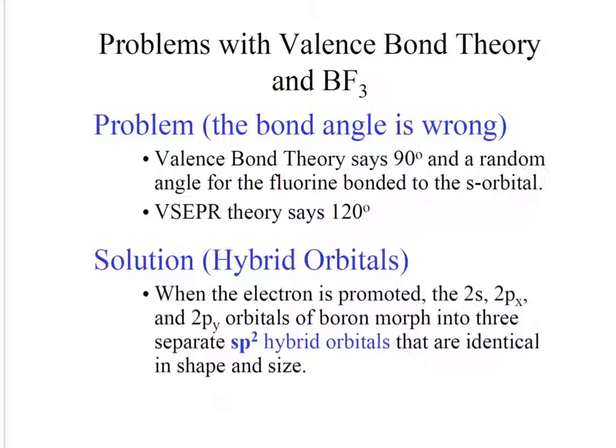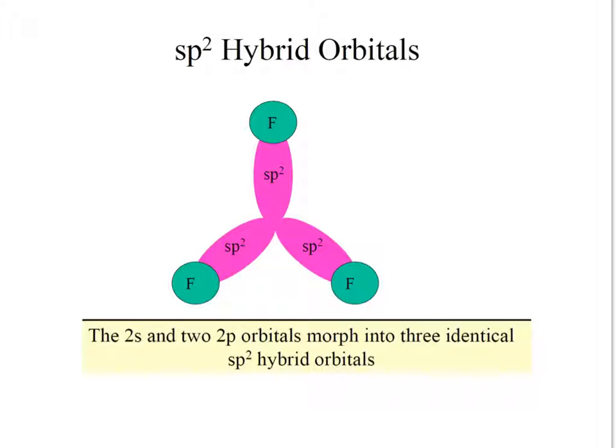So when the electron is promoted, the 2s, px, and py orbitals kind of morph into this hybrid orbital, and we call it the sp2, and they're identical in shape and size. Your sp2 hybrid orbitals, the size is very exaggerated, and they are called sp2 hybrid orbitals because they're made from an s and 2 p's.